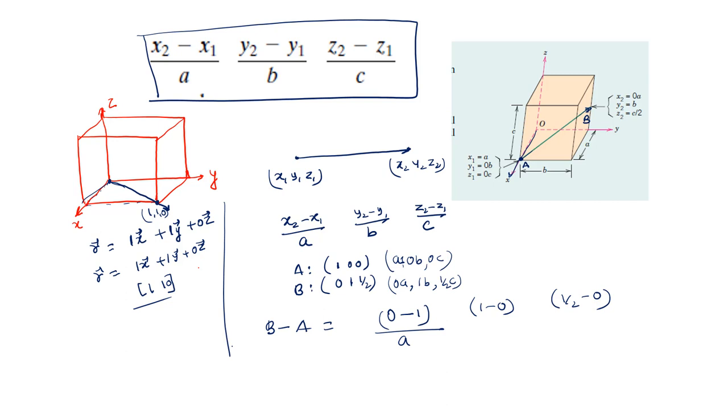So it will be 0 minus 1 a, then b, then c. Because a multiplies, it will be common, so these get cancelled, and it becomes minus 1, 1, then half.